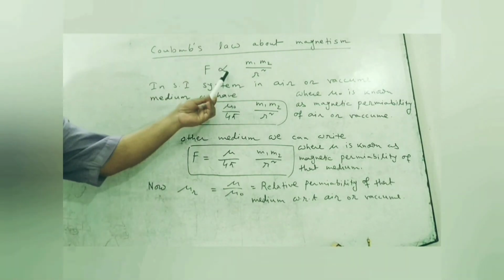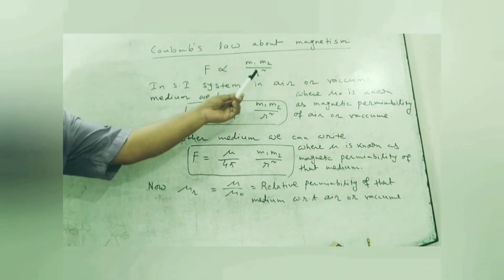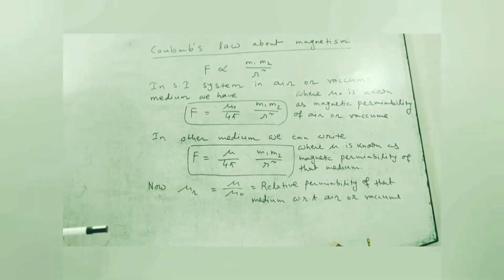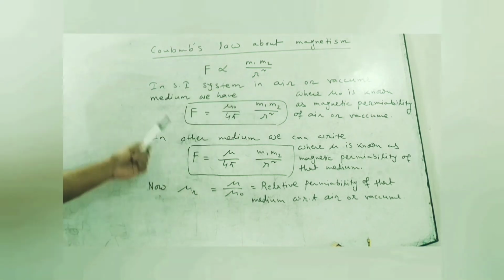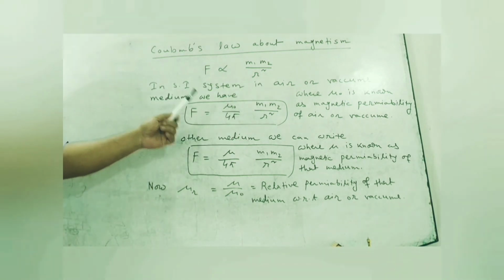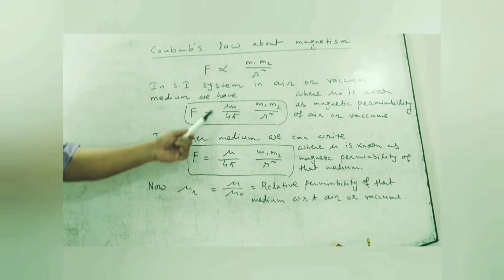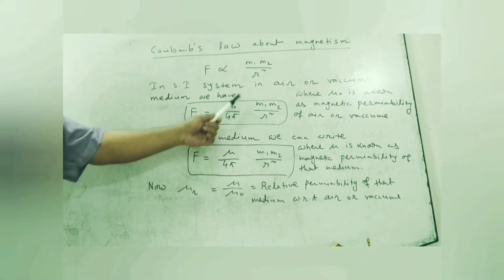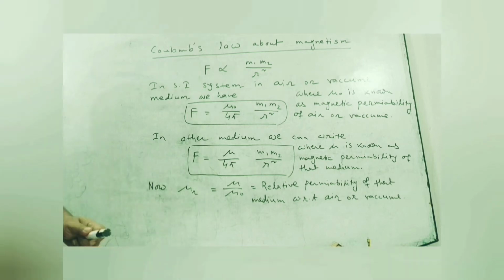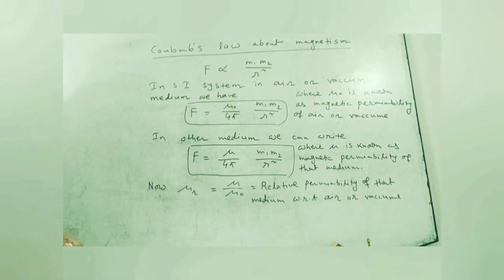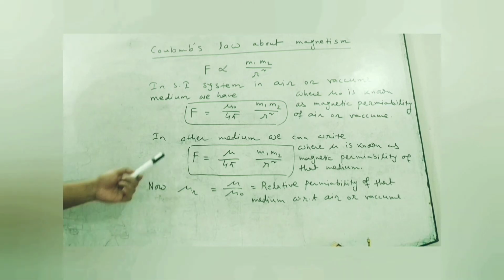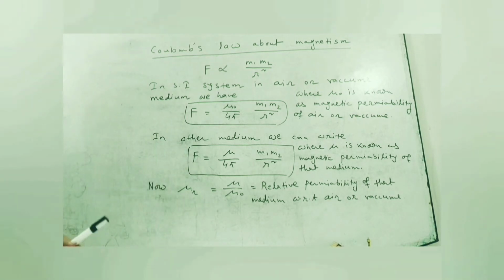From the above two laws, we can write that F is proportional to M1 M2 by r square. Therefore, F is equal to mu0 by 4 pi M1 M2 by r square in the CGS system when the experiment is conducted in air or in vacuum. That is, the medium is either air or vacuum.